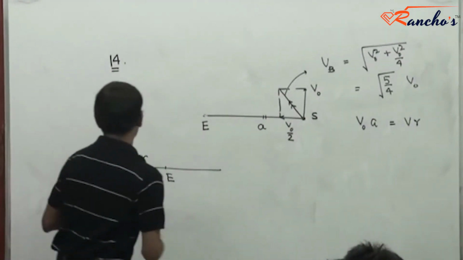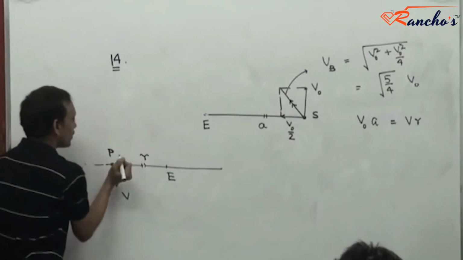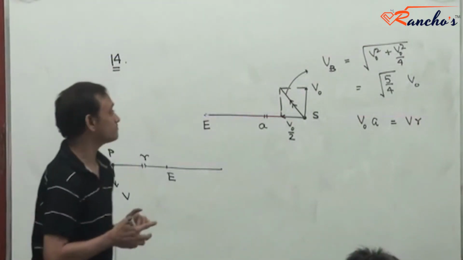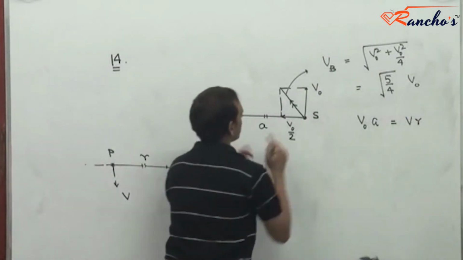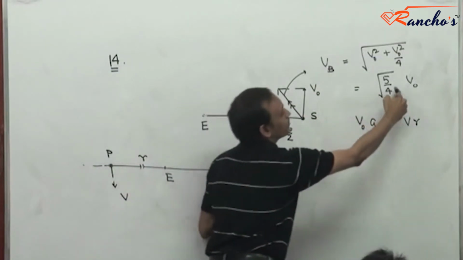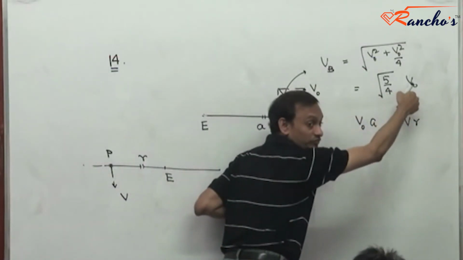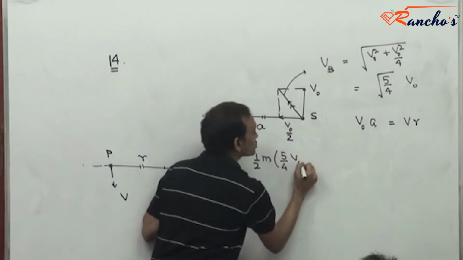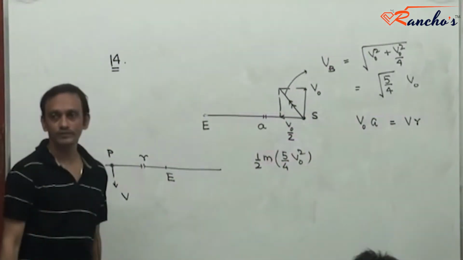Now, between S and this point P, you can also conserve the total energy of the system. At this point, what's the total kinetic energy of the particle? Half m into the square of the speed, that is 5 by 4 into v0 squared. That's the kinetic energy.